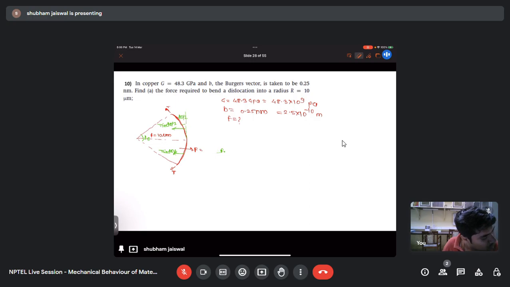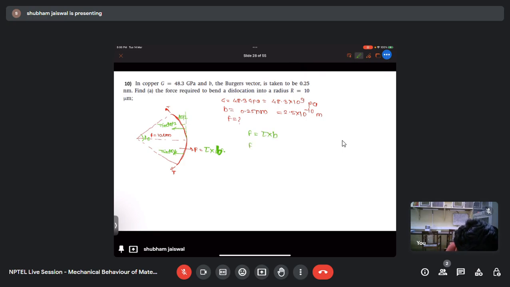So this force is nothing but the stress into the area, that is tau into B. So we know that F is equal to tau into B.